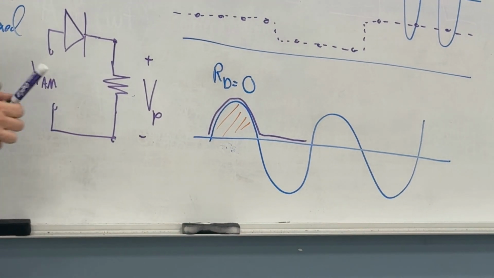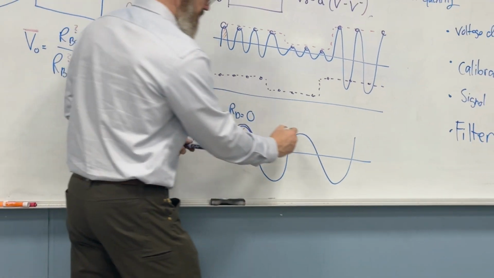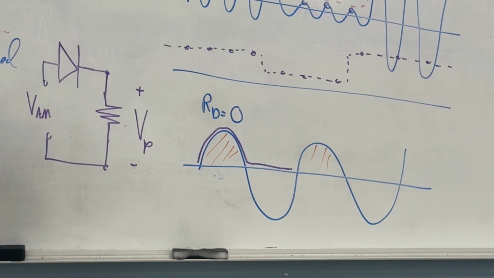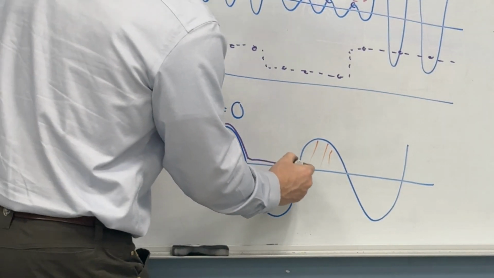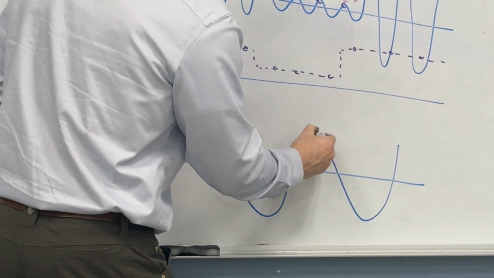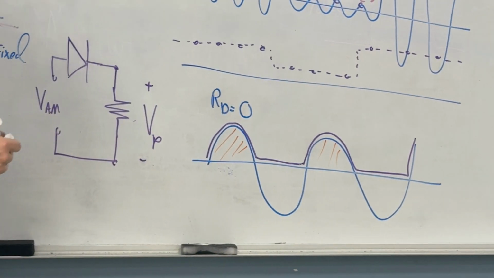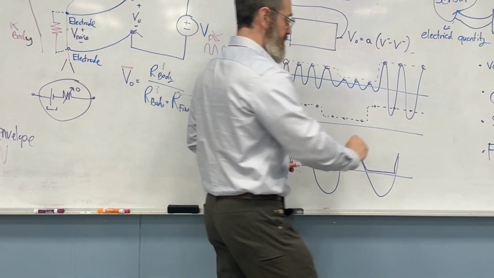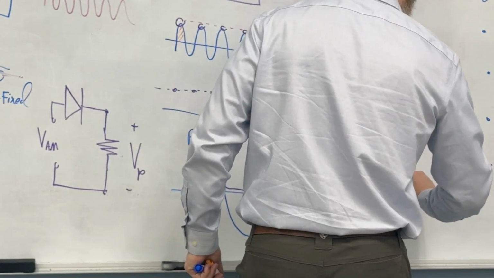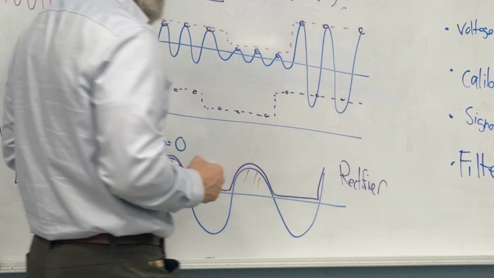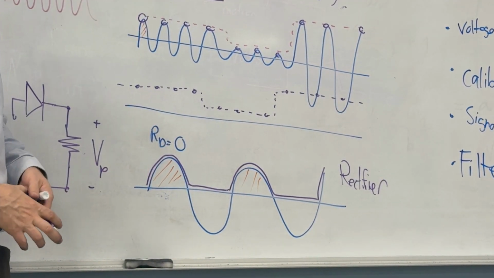And here, where I'm back in the positive domain, it's going to look like this, and then back to 0, and then back up. People will call this a rectifier, if you want to know the word. What's changed?